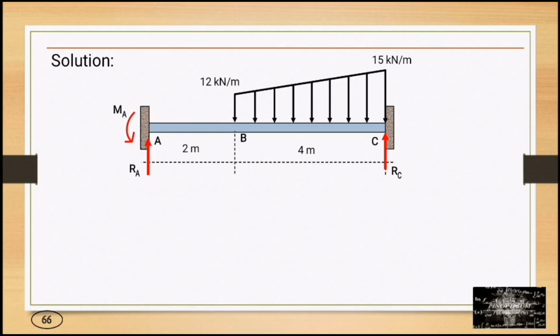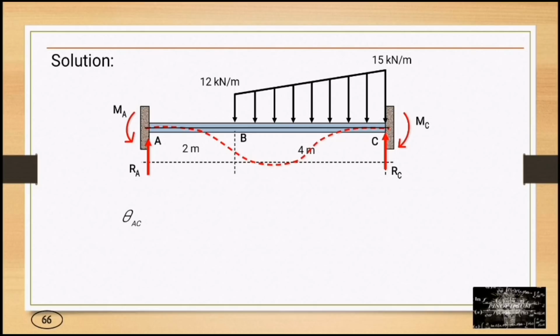We have MA, then MC. We have an elastic curve, then the tangent lines at A and C. Since the tangent lines drawn at A and C are horizontal, the angle between the tangents drawn to the elastic curve at points A and C is equal to 0.